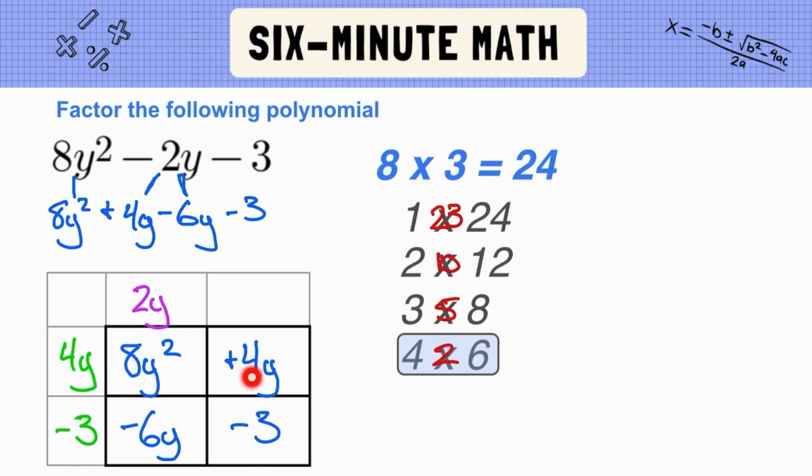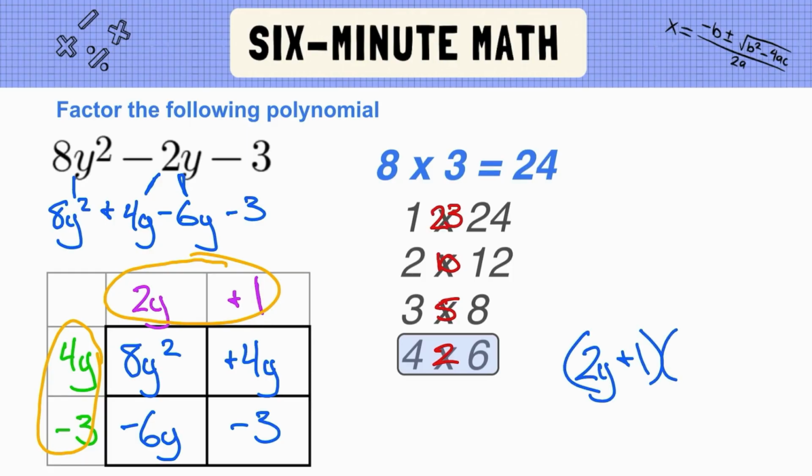And then 4y minus 3 doesn't have a greatest common factor, but I have to take something out, so positive 1. This gives me my two binomials of 2y plus 1 and 4y minus 3.